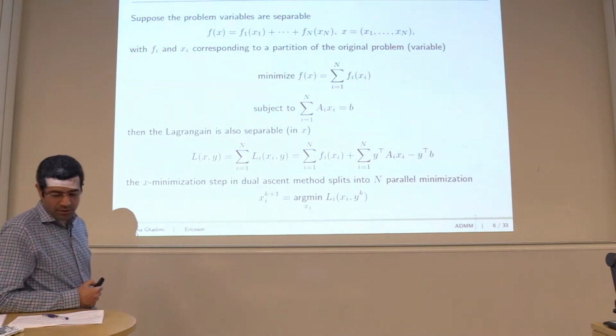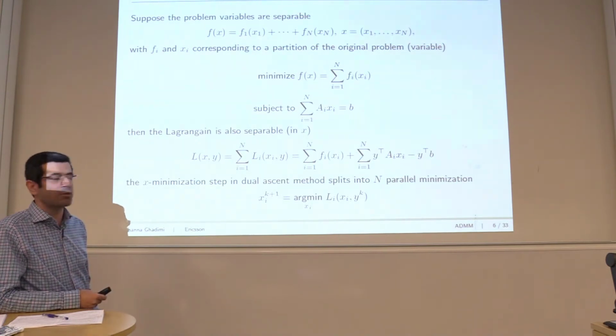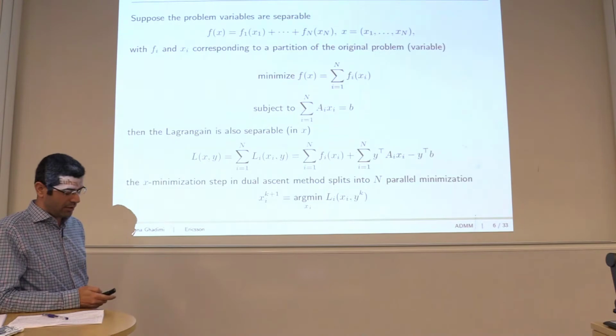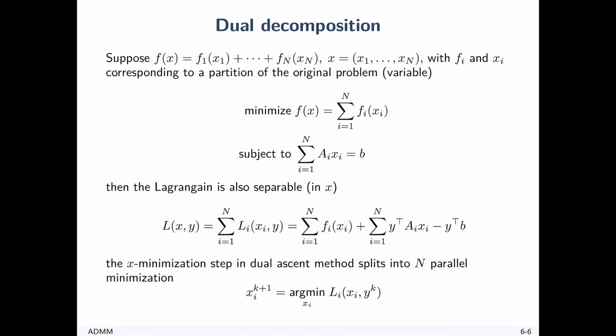Now the natural question that comes after dual ascent is how I can distribute this problem. How is it possible to solve it over a network? If I don't have the whole decision variable in one place, what happens? That's the case here. If you have a separable cost function, meaning you have an x variable that is split into n pieces, and each can be kept in different computers, nodes or agents, then at this level it is trivially separable, right?